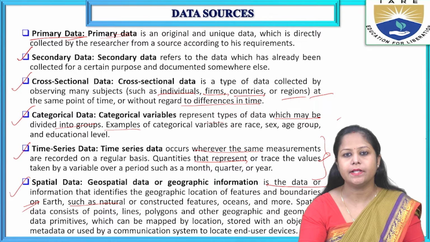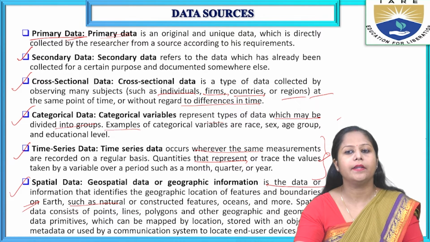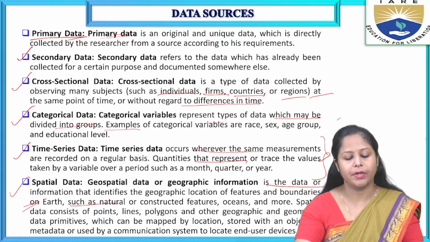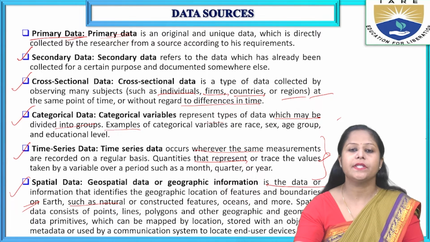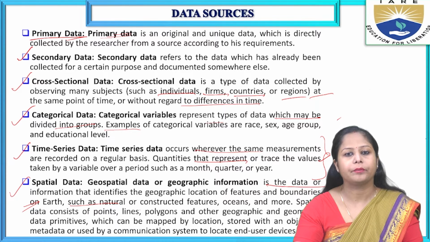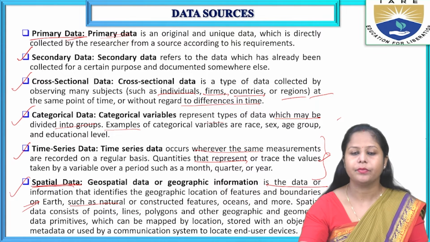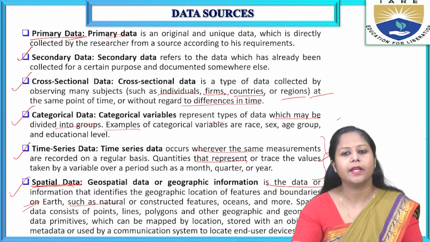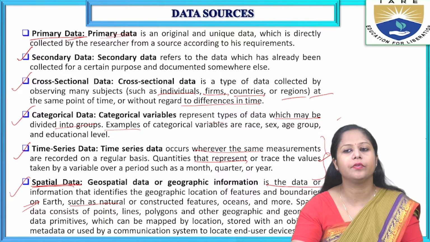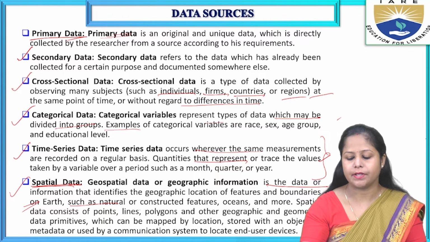So spatial data consists of points, lines, polygons, and other geographic and geometric primitives, which can be mapped by location. So spatial data is the graphical data that can be mapped by location and stored with an object as metadata.